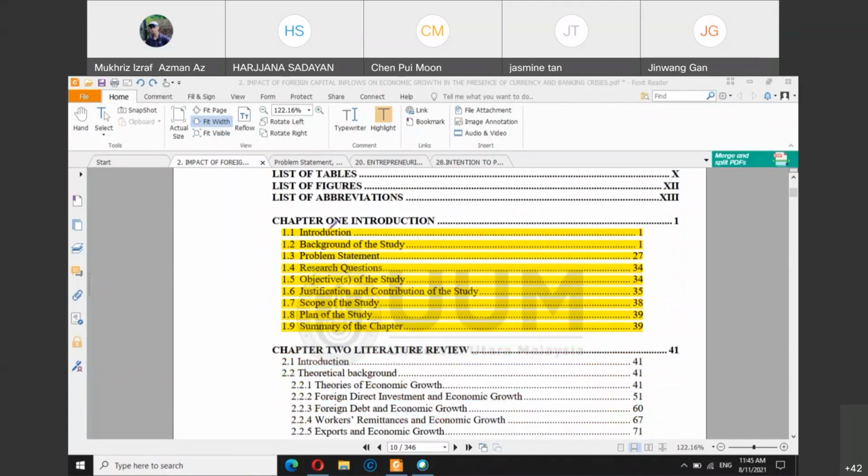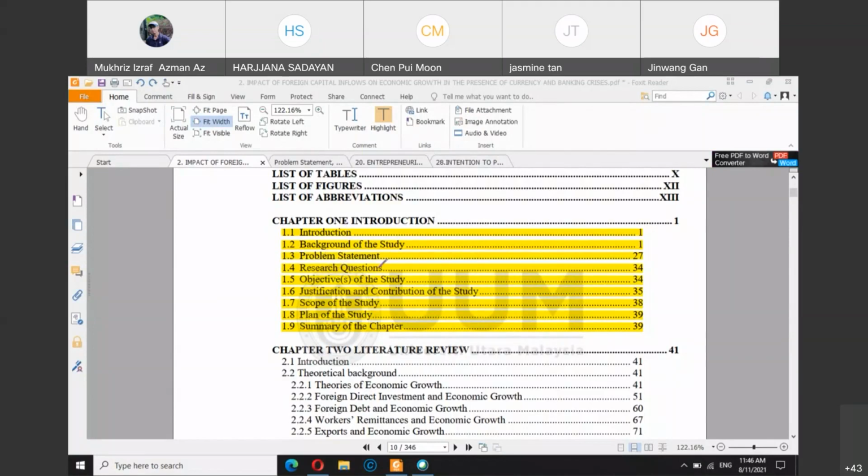So what we have done for the past 1 month is to go through the background of the study, whereby you need to justify and explain as much as possible using some data, from general topic to specific discussion on the topic of your research, and mention some of the previous articles or studies that are related to your study so that it can justify why studying or doing research on your topic is important.